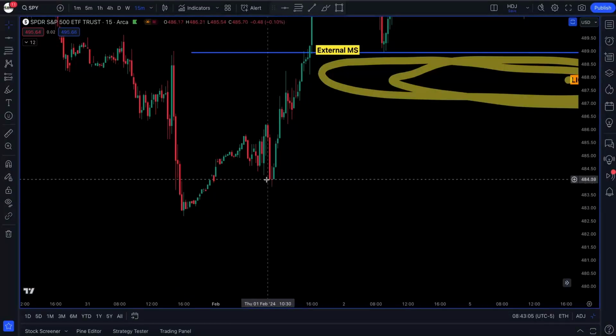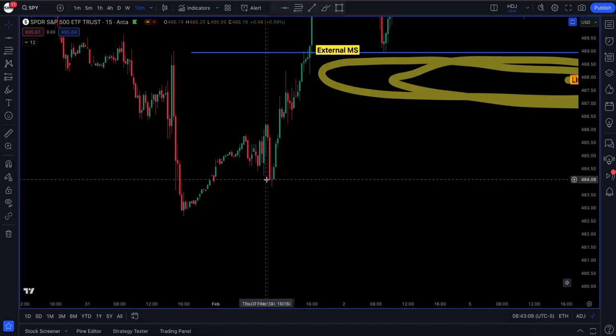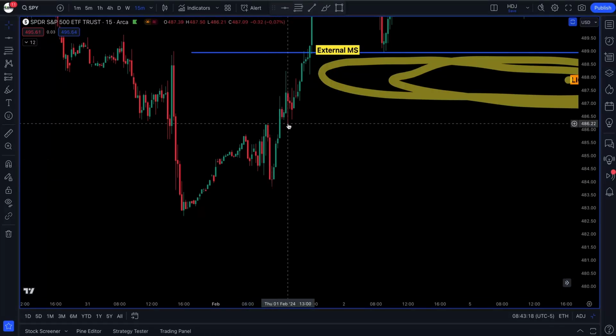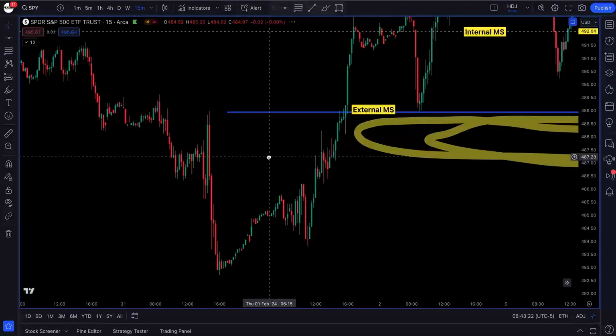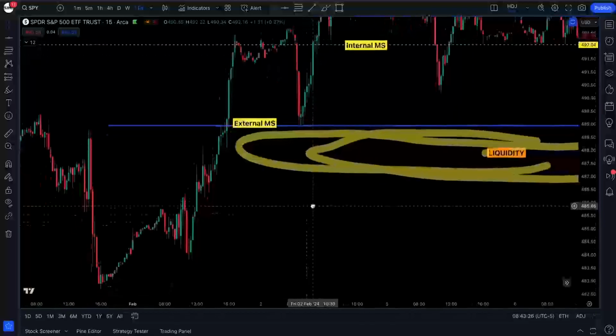Okay, same thing happened here. Price action came down. We had a base here, the bottom of this red candle. And what happened? We had a wick. So price action dipped down and then headed back to the upside. These are all liquidity grabs, and they are done by the institutions and the large banks.